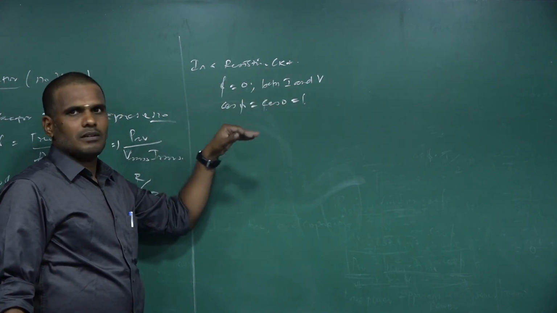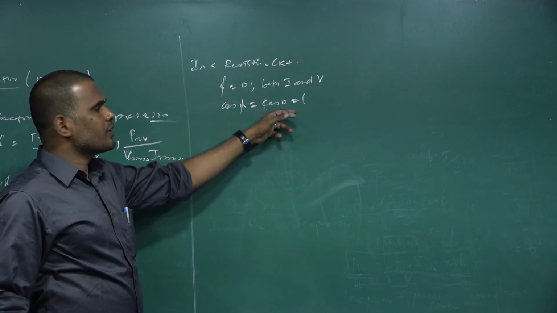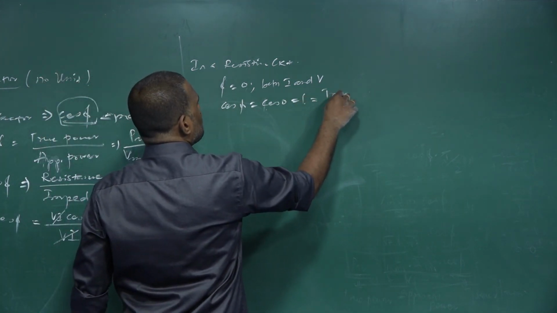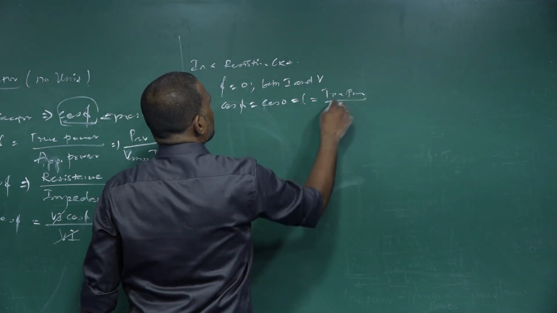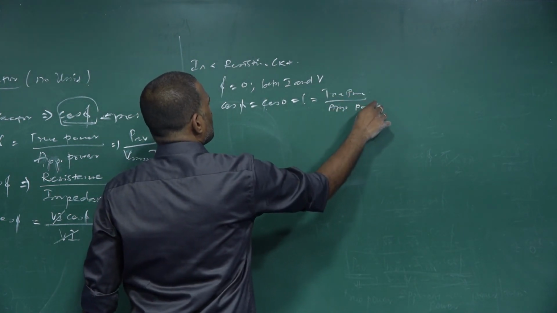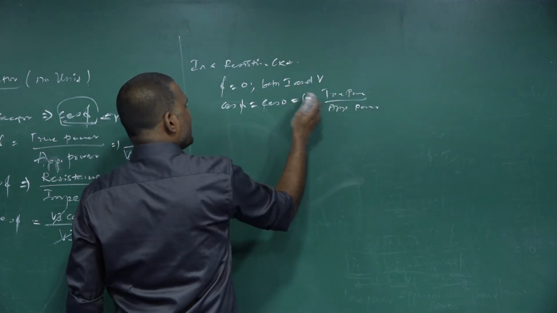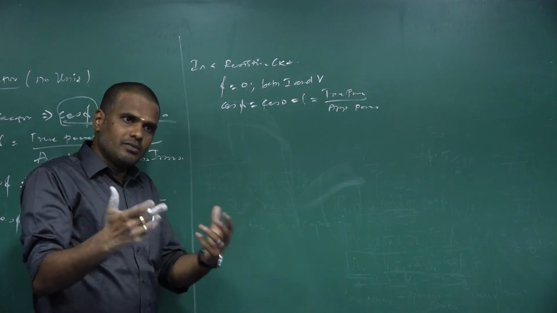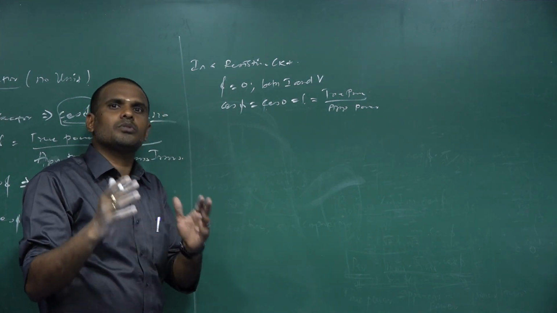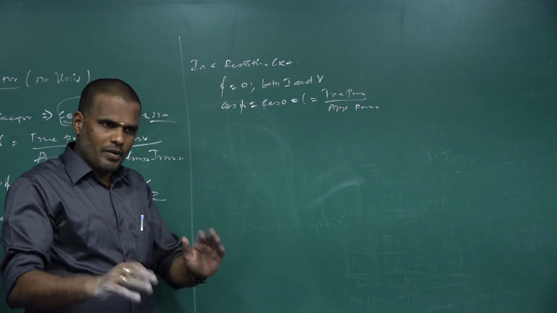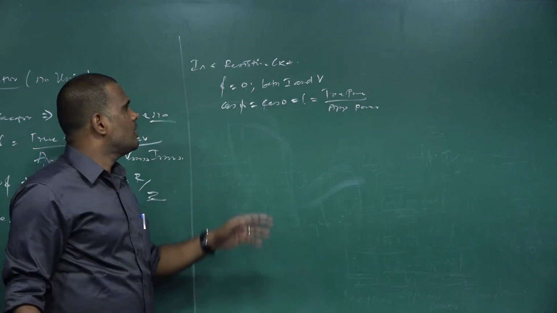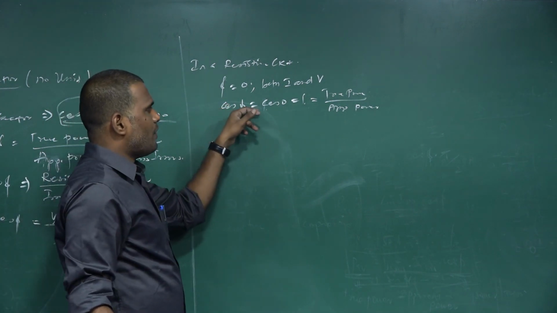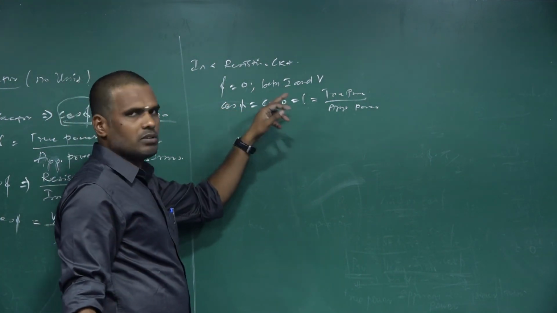What does this mean? If cos phi is equal to 1, cos phi is also equal to true power divided by apparent power. So true power equals apparent power. The average power consumed by the circuit is equal to the power provided by the source. Power given, power taken, both are equal. That happens in a pure resistive circuit, because cos phi, power factor, is equal to 1.